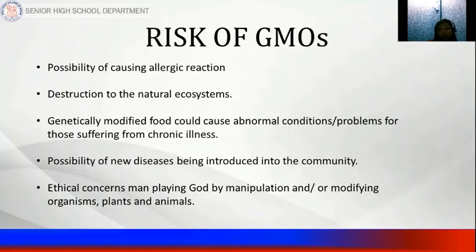So, this is the heaviest one. Even if creation has its order, if we use technology to manipulate things or modify organisms, plants, and animals, it's like an immoral thing, we're changing what is given to us by God.